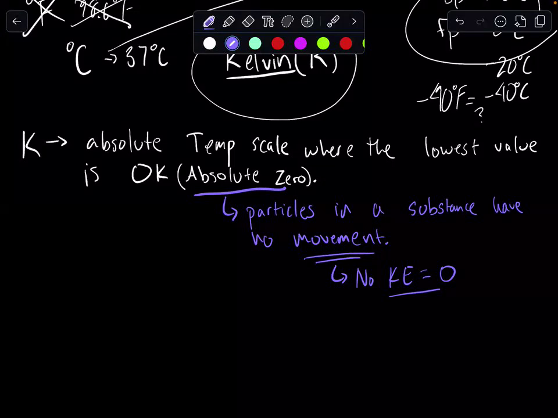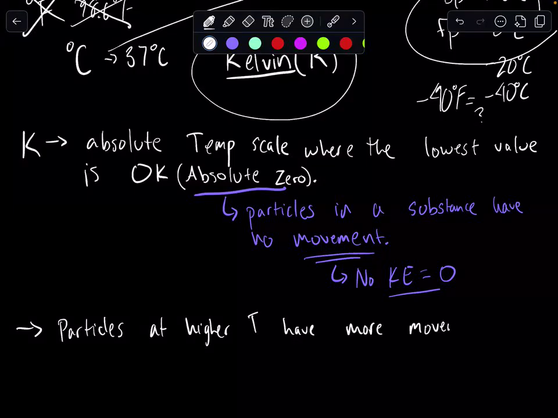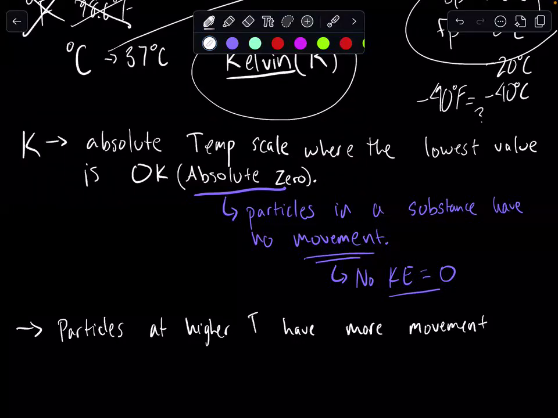This also helps us know from this information that particles at higher temperatures have more movement, and the same goes for particles with less. And that also means more movement, or faster movement, also means more average kinetic energy.